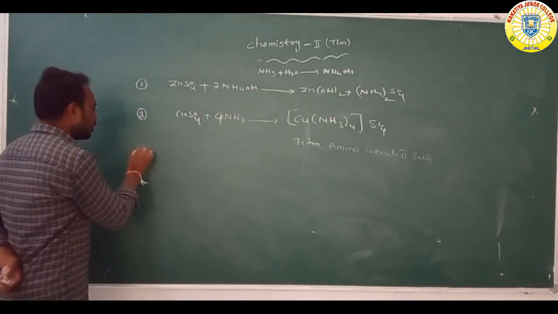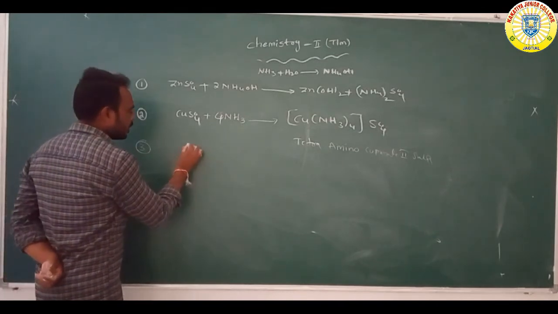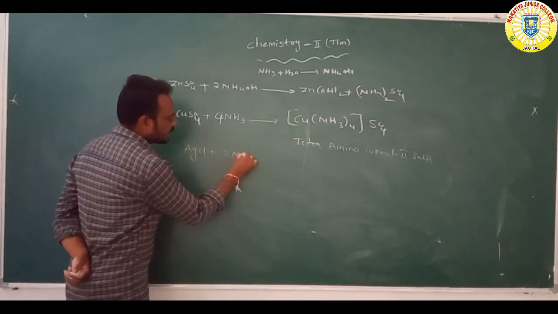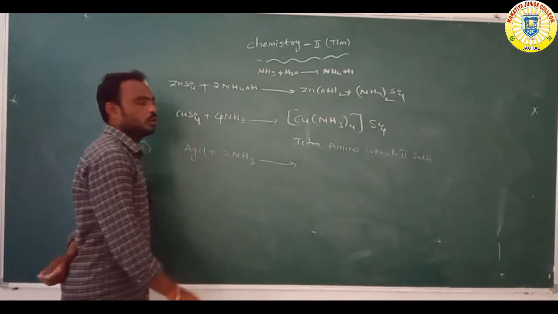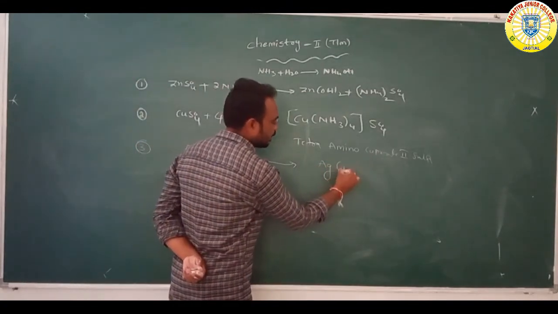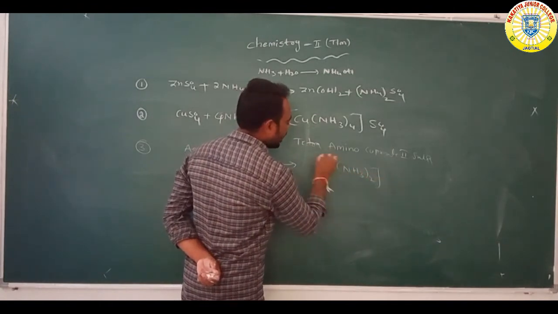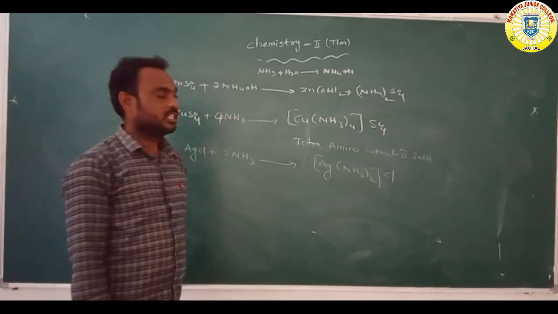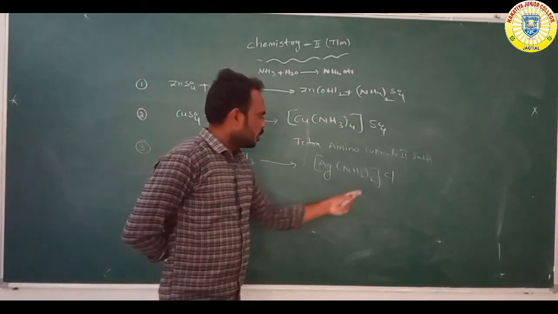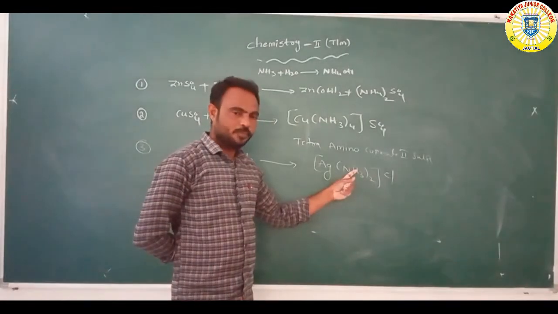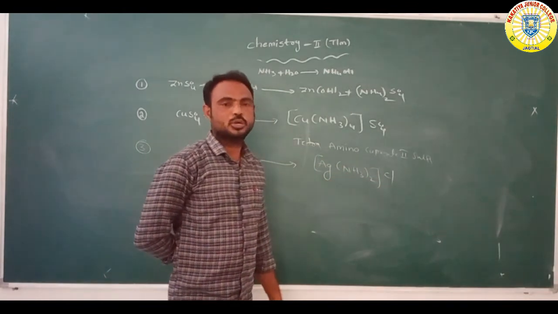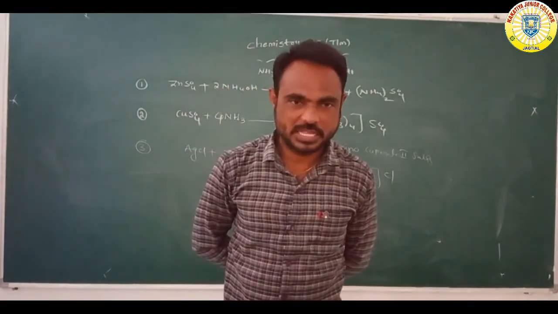Next, for the third one, AgCl, silver chloride, reacts with ammonia. In this reaction we get [Ag(NH3)2]Cl, diamminesilver(I) chloride, also called diamminoargentate(I) chloride. The silver oxidation number is plus 1.